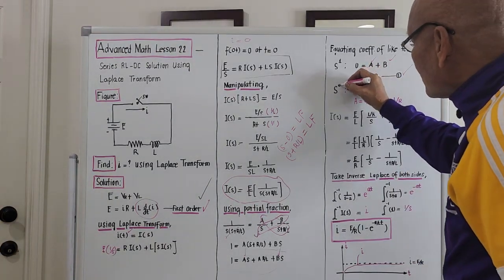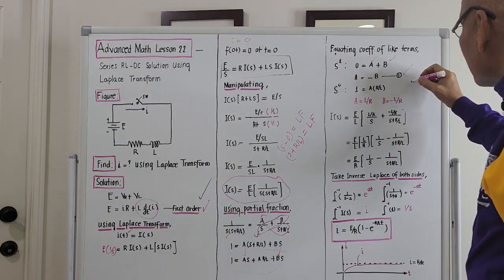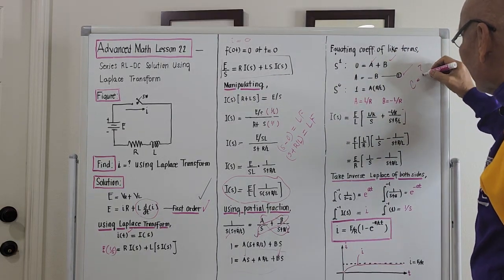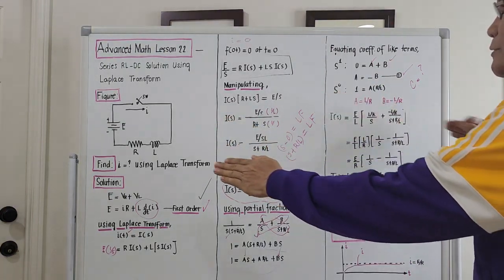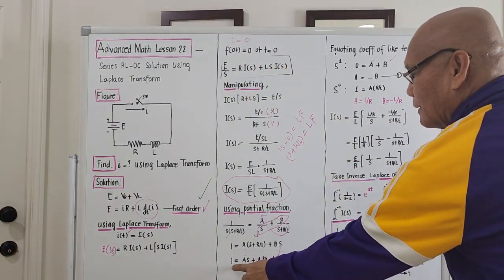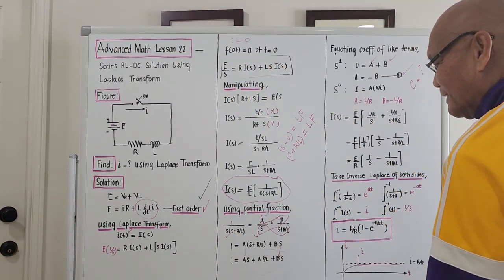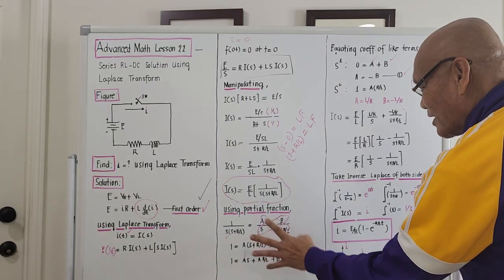We equate the coefficients of all the terms containing S to the 0. S to the 0 is actually a pure constant. Meaning, the constant on the left should be equal to the constant on the right. On the left, we got 1. And on the right, R is constant, L is constant, so there's no S, right?